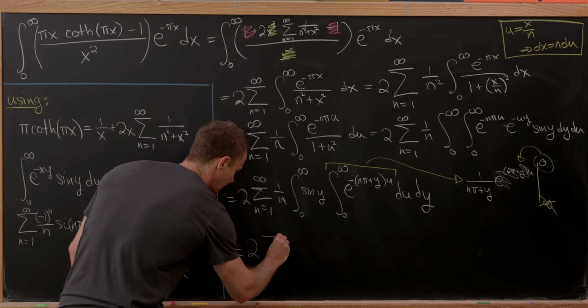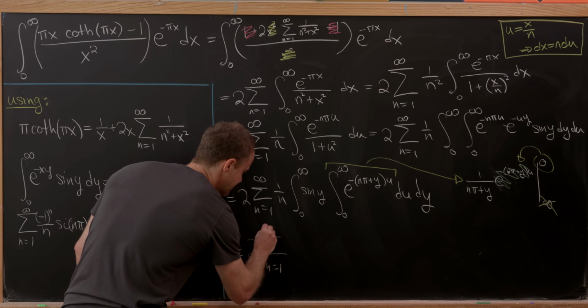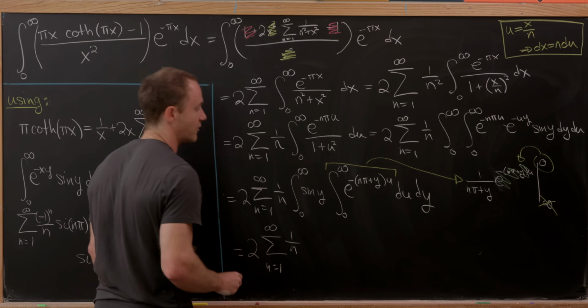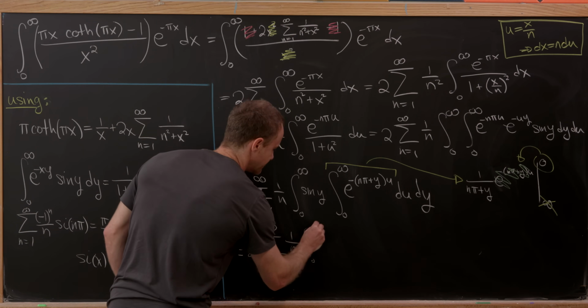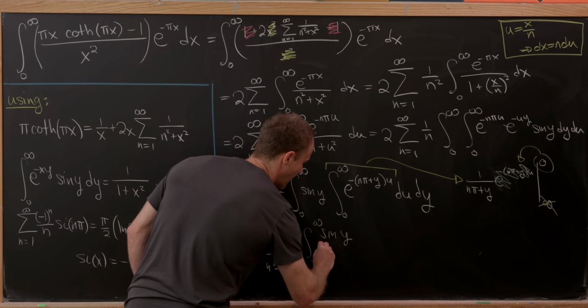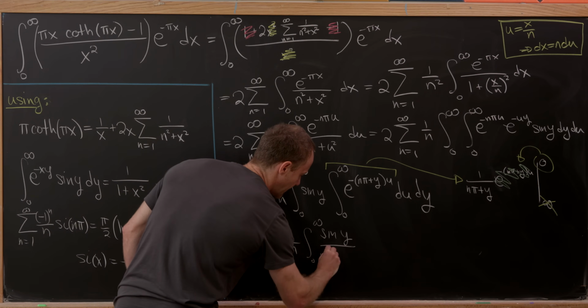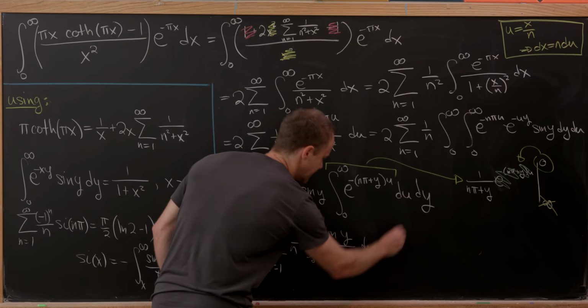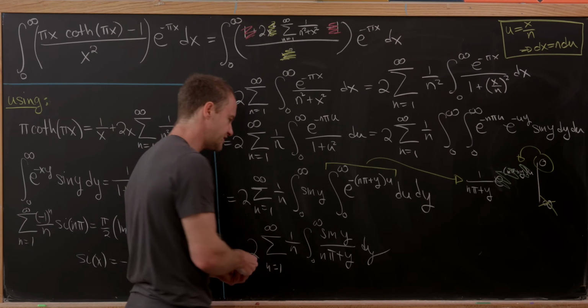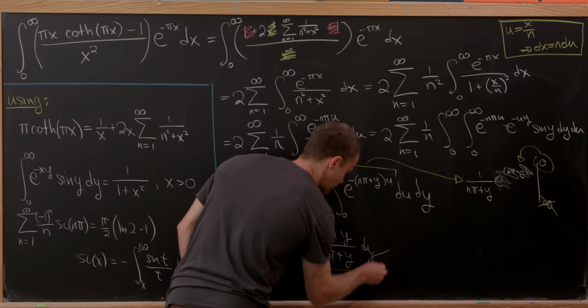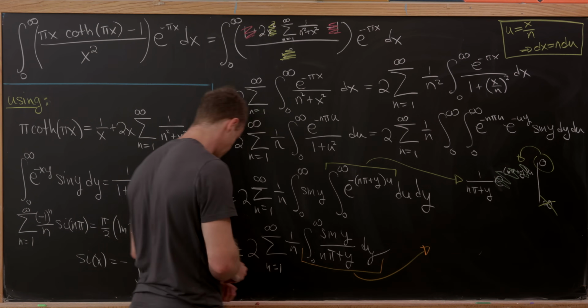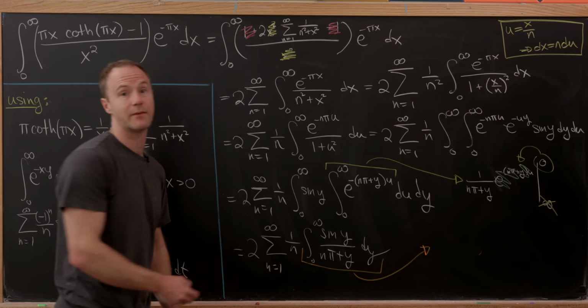So in the end, we'll have 2, and then this sum as n goes from 1 to infinity, 1 over n, and then the integral from 0 to infinity of sine y over (n pi plus y) dy. And then let's do a substitution for this integral, which is inside of the sum, before we bring it up to the top of the next board.